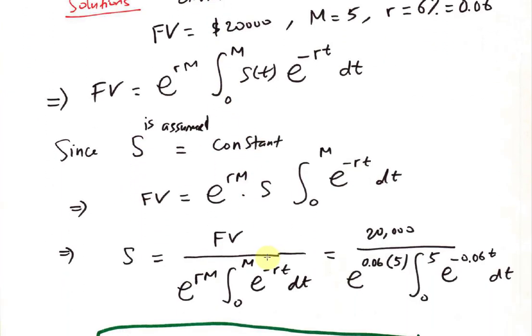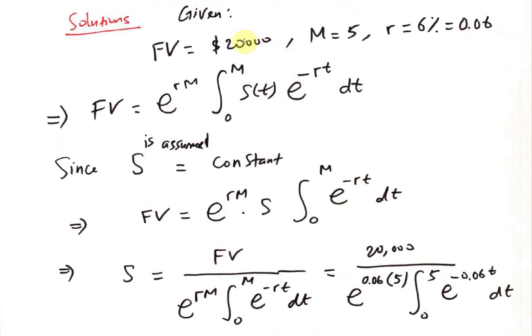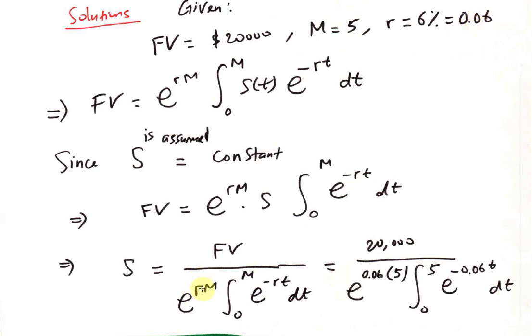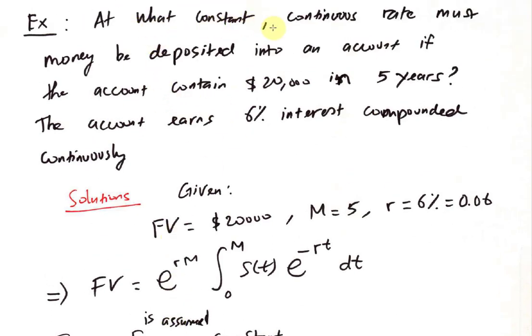So we are looking for the S value. To find S, I take FV, the future value, and divide both sides by e to the rm and the integral, so that I can isolate S by itself. So FV divided by this term together with this term. Now the future value, we are given that, $20,000. E to the rm, r is 0.06, m is 5. The integral from 0 to m, e to the minus 0.06 t dt. We are solving for S because we are looking for at what constant continuous rate.